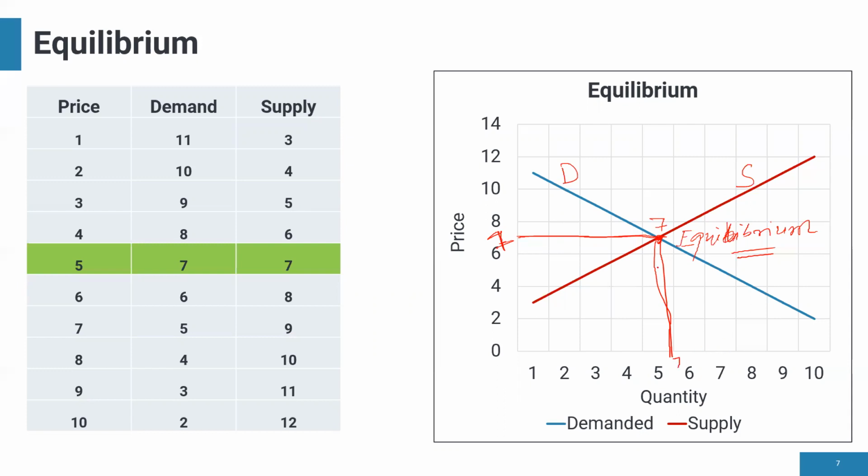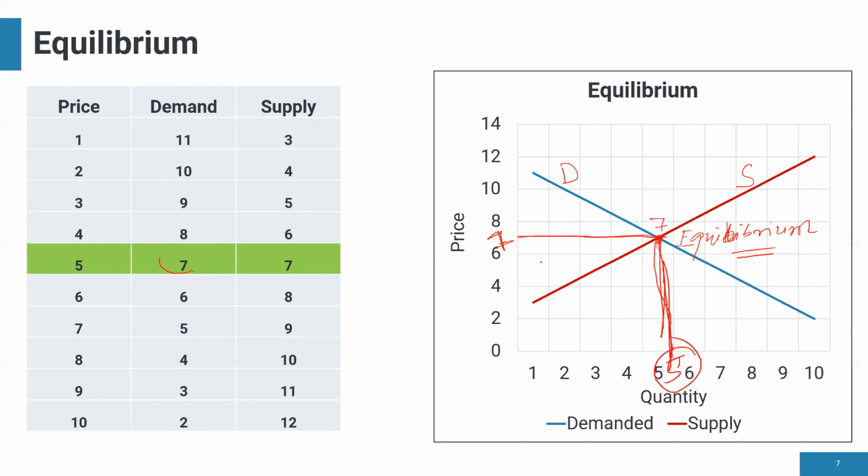Another thing you have to see is how much people actually supply at different prices. And in the equilibrium, if you see this graph, oh, sorry. So this is the quantity. Yeah, this is perfect.